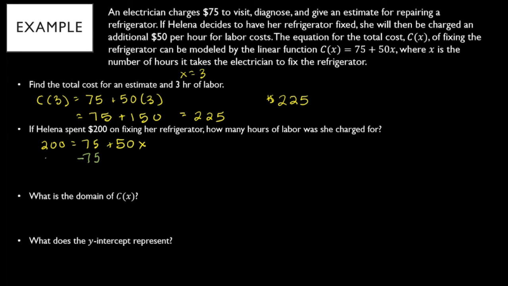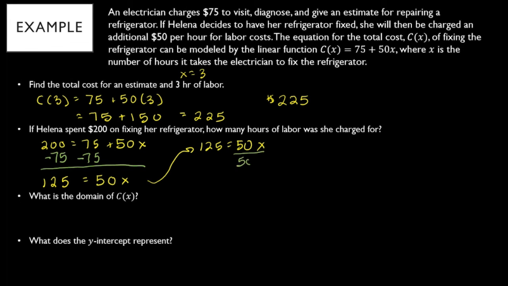So I'm going to start by subtracting $75, which gives us 125 equals 50x. And I'm going to just kind of rewrite this here so I can show that we are dividing both sides by 50.